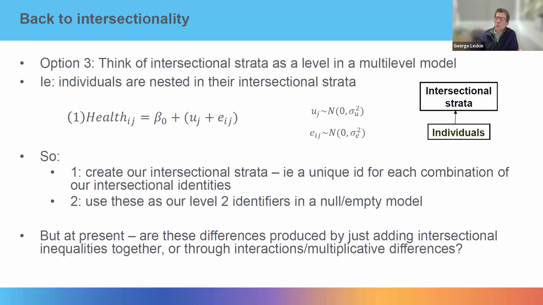But it's going to be unusual, because whereas in multilevel modeling you'd often think of students nested within schools, individuals nested within areas, or patients nested within hospitals, here the individuals in question are not nested within an institution or a geographic area. They're nested within their intersections, and those intersections are defined by combinations of social identities.